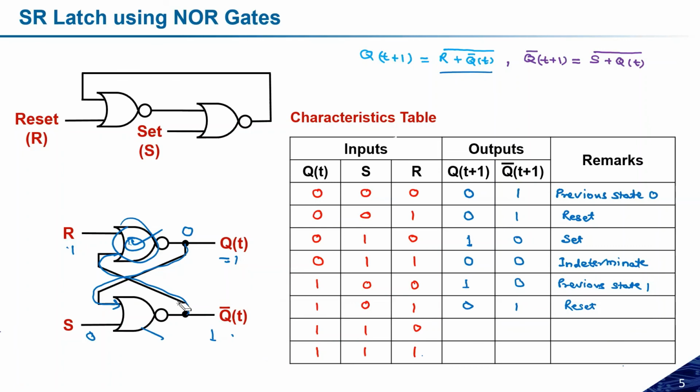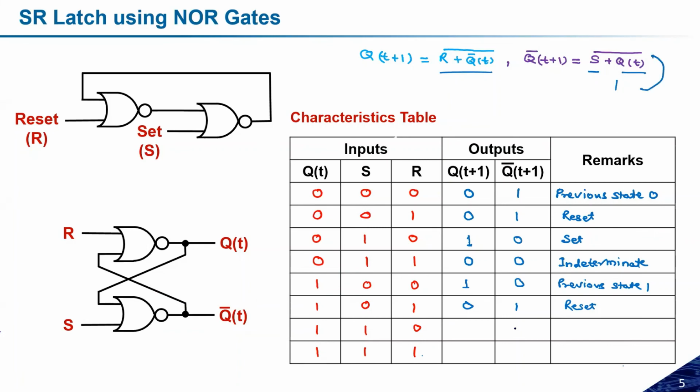Now let's talk about the next case. If I have Qt equal to 1 and S and R equal to 1, 0, here the set is equal to 1 and Qt is equal to 1, so 1 plus 1 gives you 1, and its complement is 0.